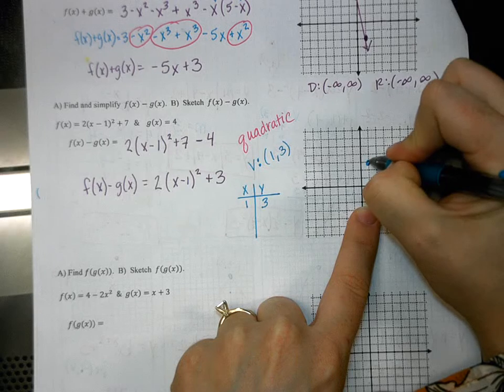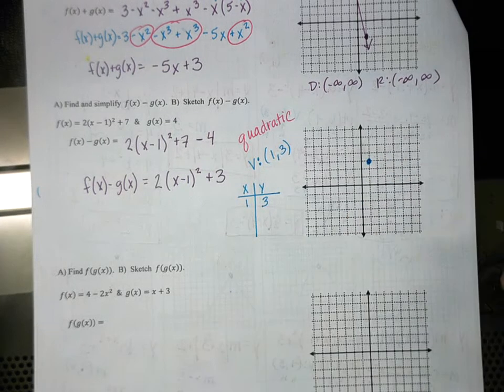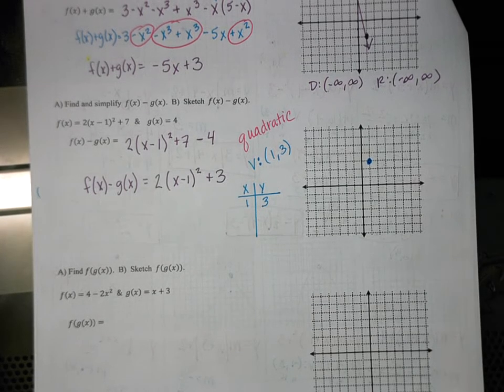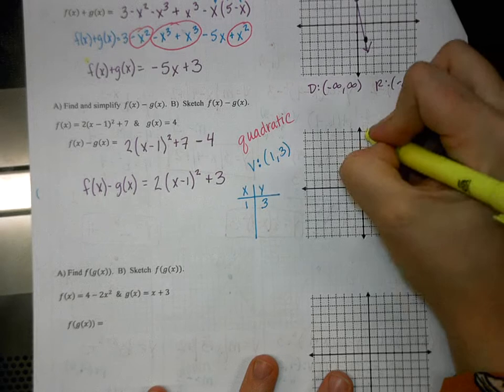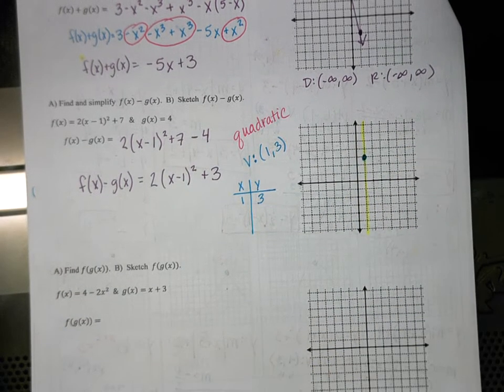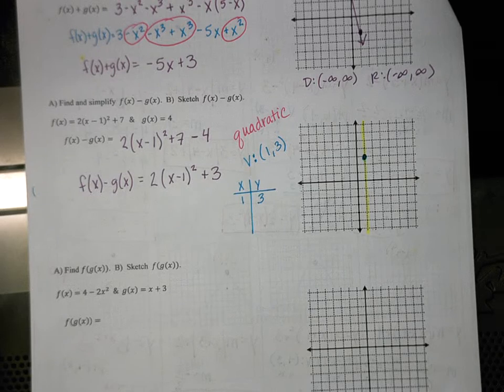But in order to get 2 more lattice points, I need to plug in a number. Remember, your axis of symmetry goes straight through the center. We want to pick an x value to the right or to the left of that. 2. Awesome.